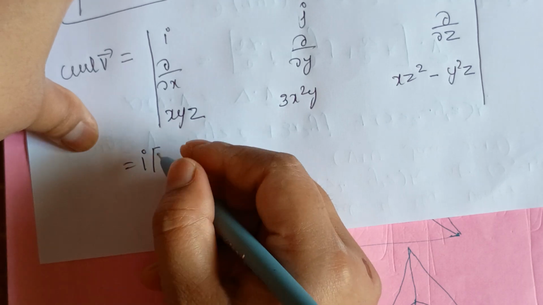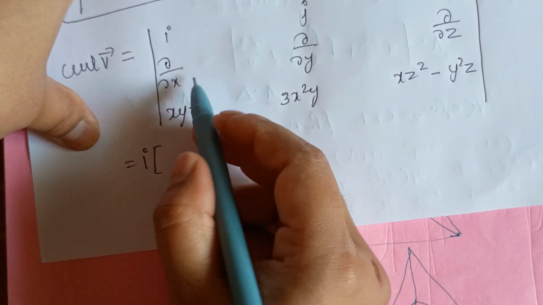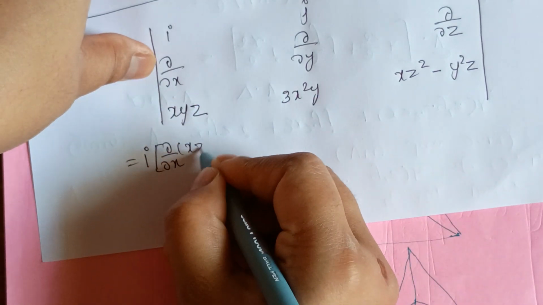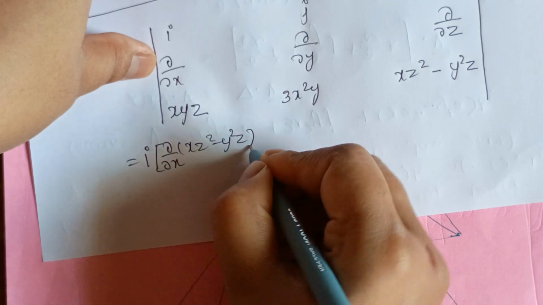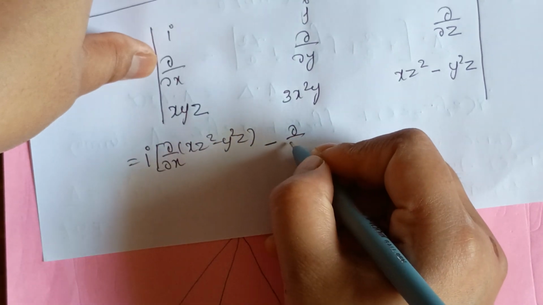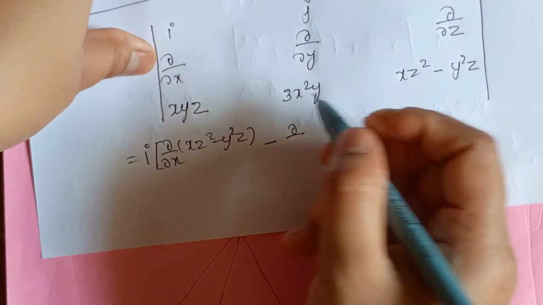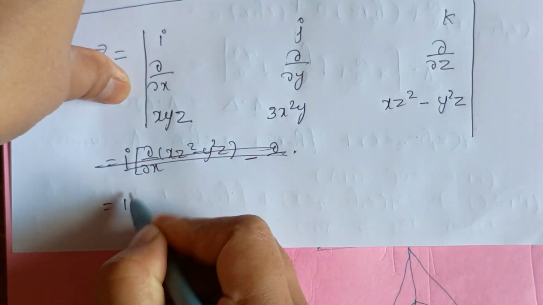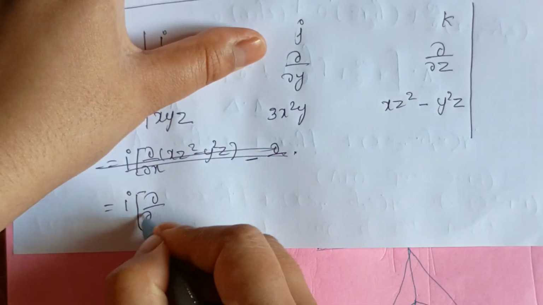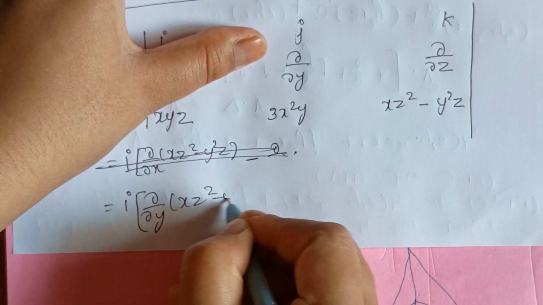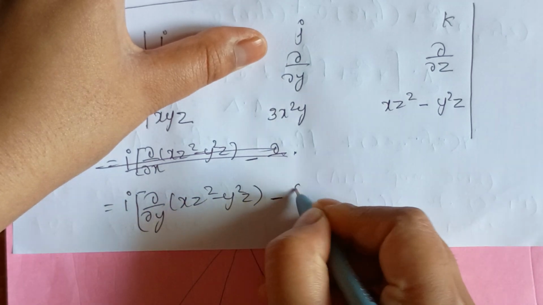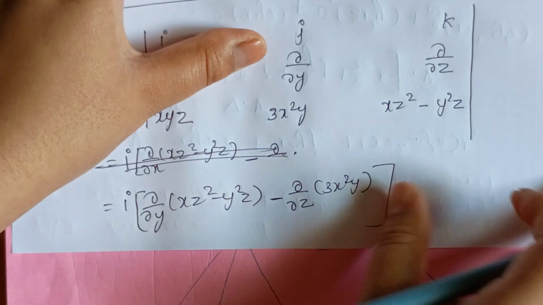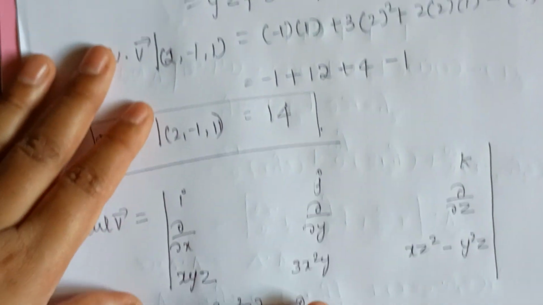So it's going to be ∂/∂y of xz² minus y²z minus ∂/∂z of 3x²y. Leave this column, leave this row. Done. Now I'll take a new fresh paper.